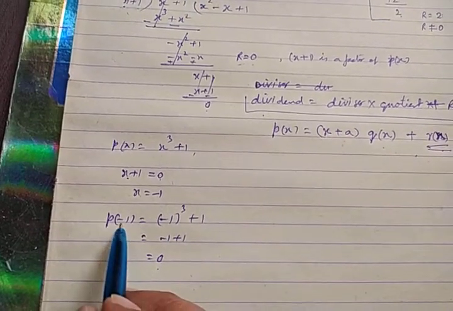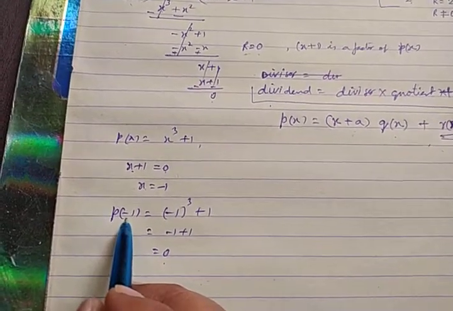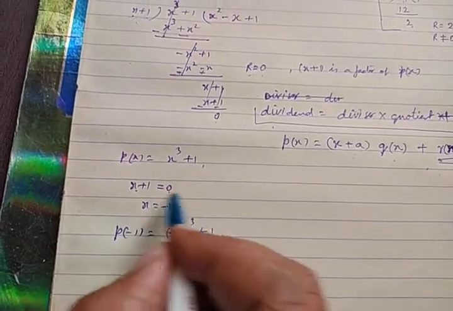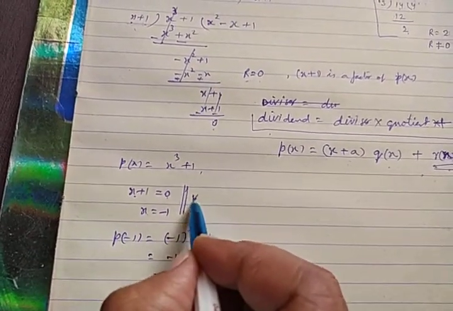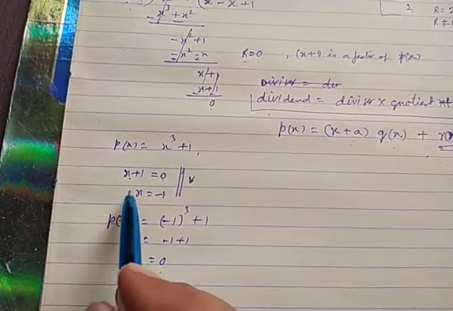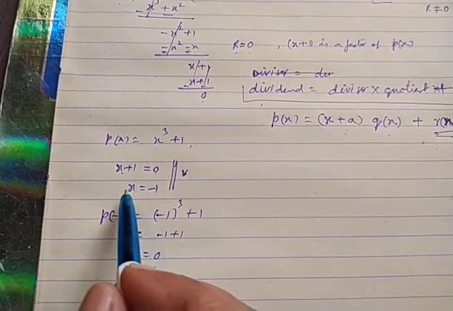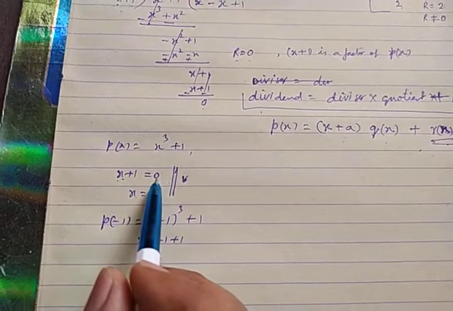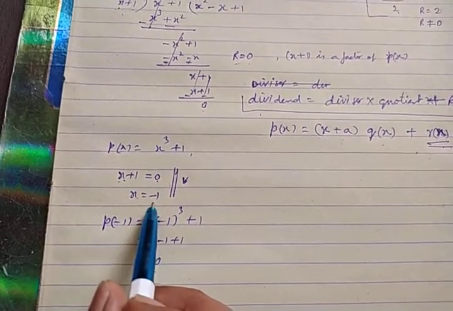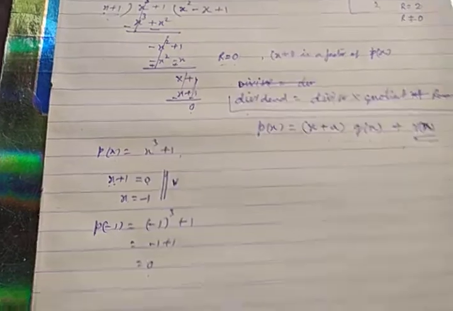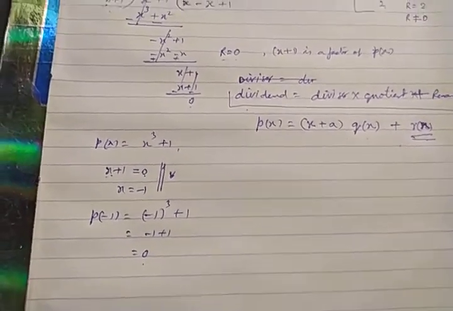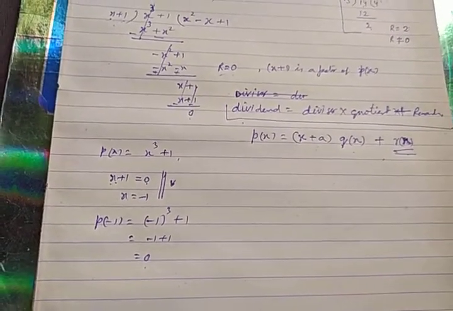But from where will you get the value of x to be substituted in the polynomial? That will be obtained by doing this step: by which expression the division is to be made. It means whatever your divisor is, that will be made equal to 0 and you will obtain the value of x which is to be substituted in the given polynomial. Now calculate simply.